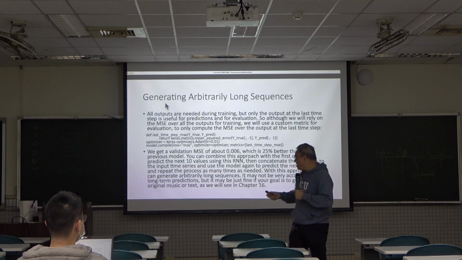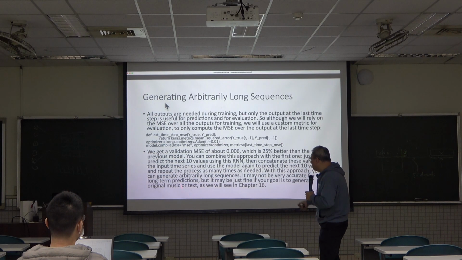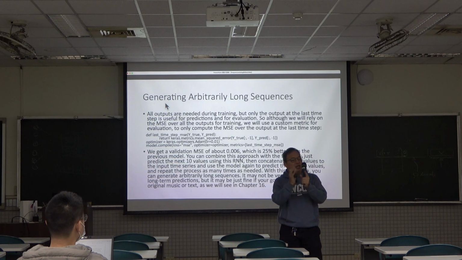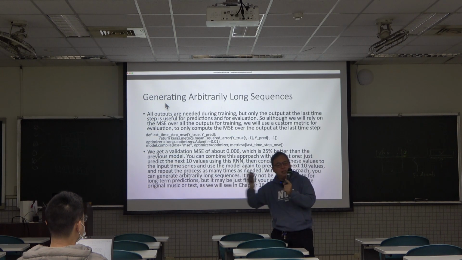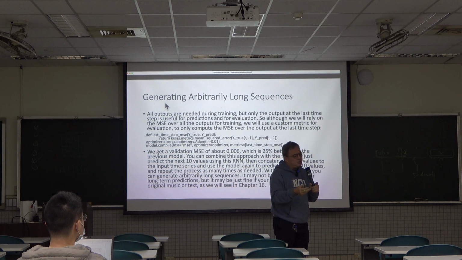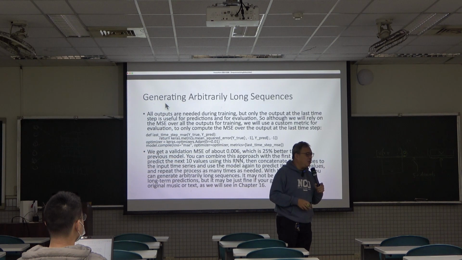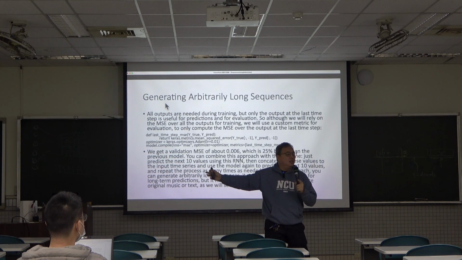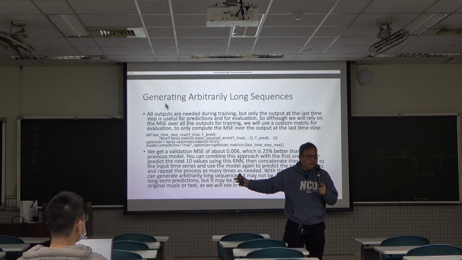That's what we meant by combining these two approaches. Each time you get 10 additional values, and you do it 10 times, you get the next 100 values. But if you say, I don't like error accumulation, let's do it in one prediction, so you use the first 50 to predict the next 100 in one try.